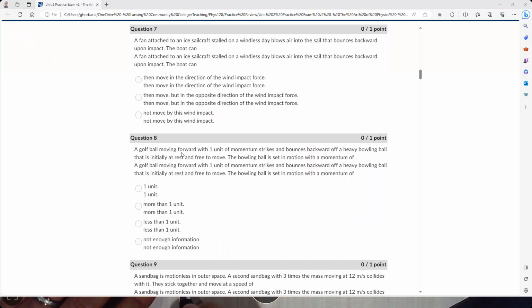The bowling ball is set in motion with a momentum of... Sorry. So, which one do you think is the right answer? It will be more than 1 unit is the right answer. But how? Let me just show you.